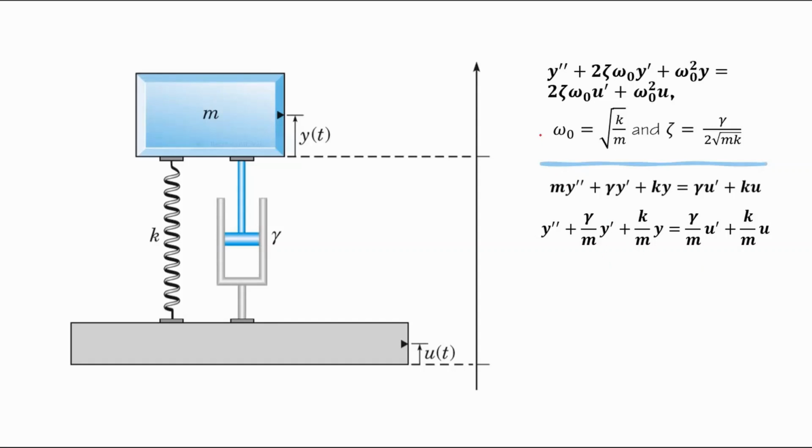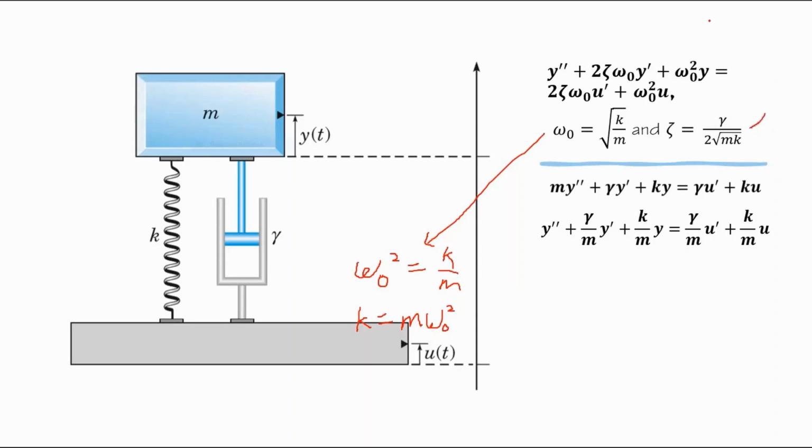Now, we're gonna use these substitutions. So we can see that omega naught squared will be k over m, right? If we square both sides. And consequently, k will be m times omega naught squared. So we have these two new orientations of the substitution.